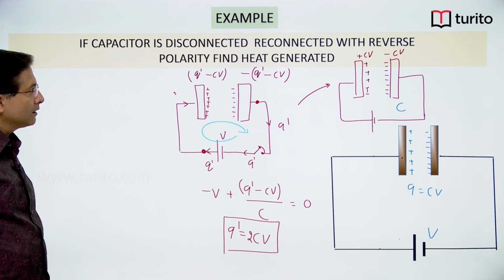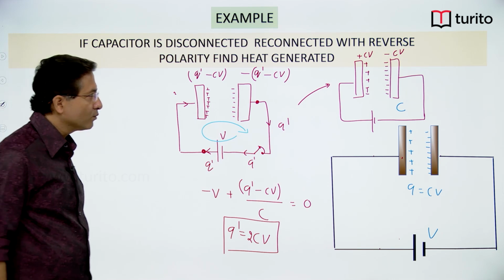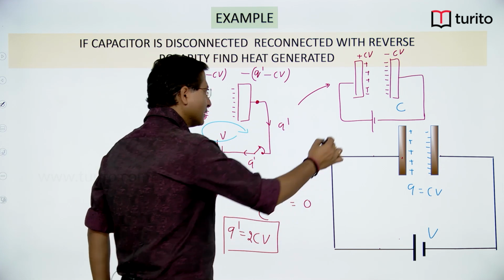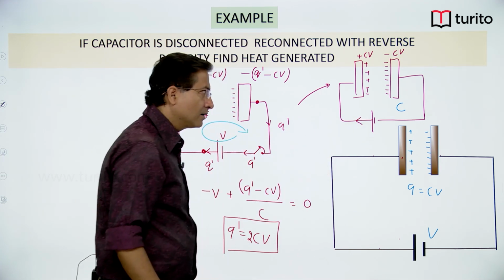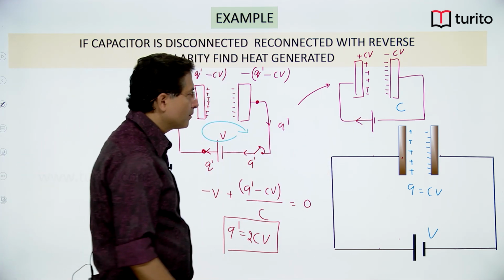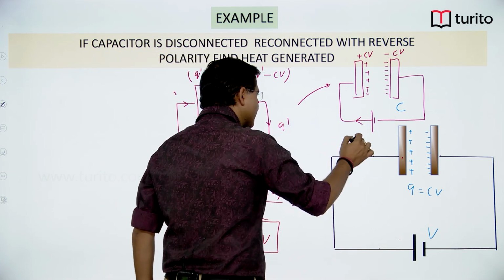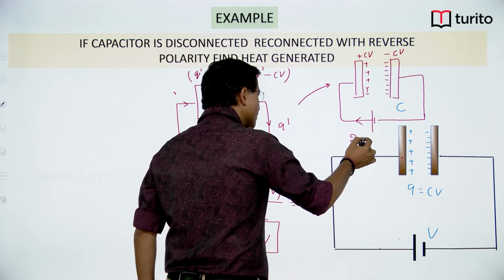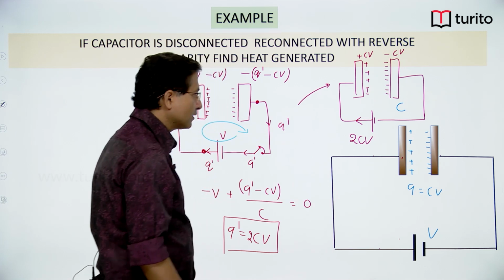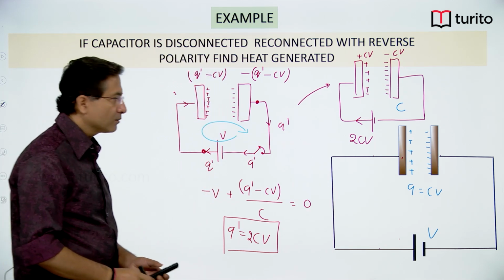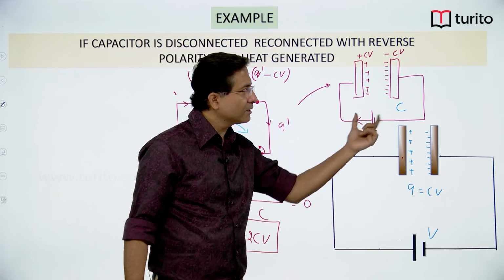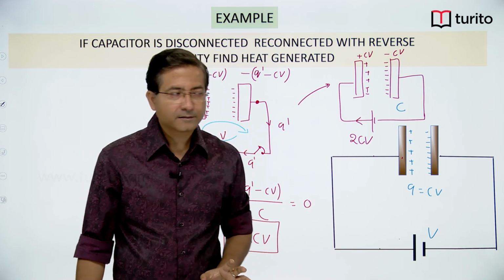Right. So, after reconnection the battery delivers extra charge 2 CV, so that the potential here and the potential here become the same, right.